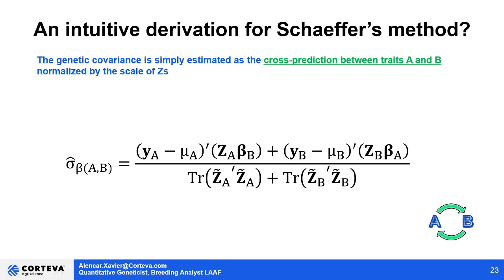A more intuitive derivation of the Schaeffer method would be simply getting the corrected or centered values of trait A being predicted by B, and the B being times the prediction of B from A. So an intuitive interpretation of genetic covariance would be how well A predicts B plus B predicts A, and you take somehow an average of it. So it's a very intuitive derivation being projected in mathematical terms.